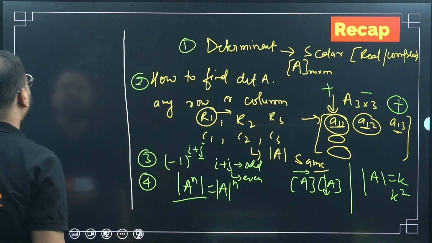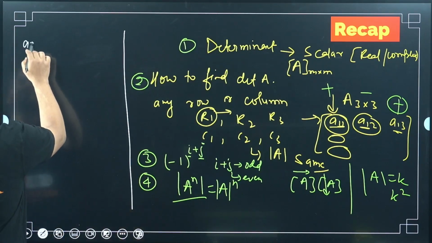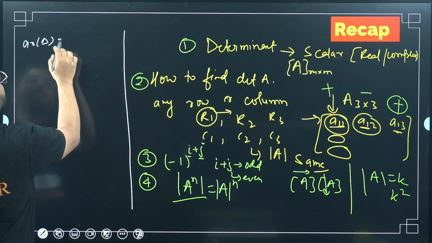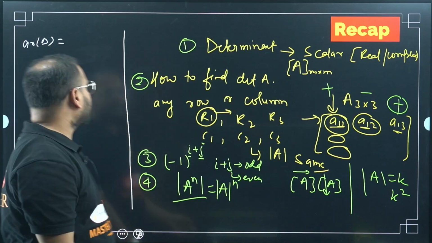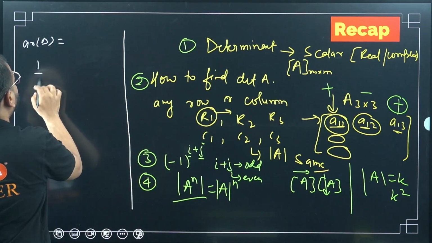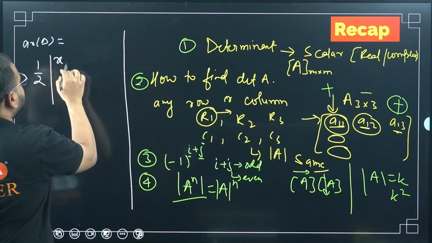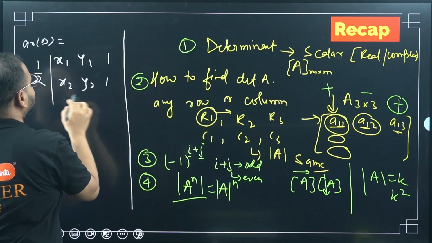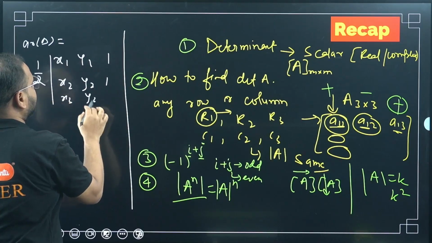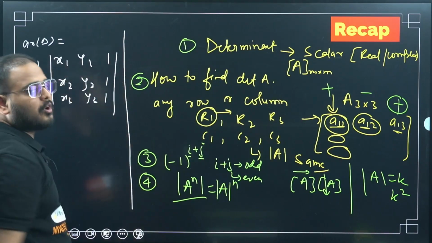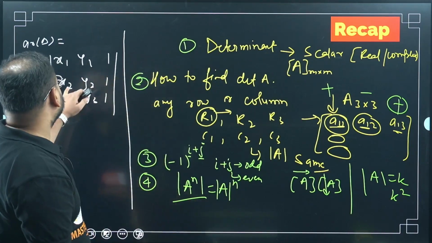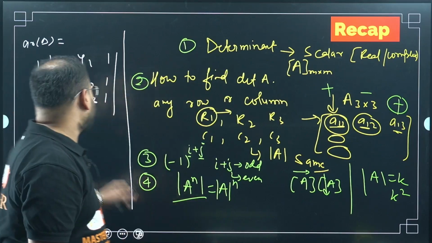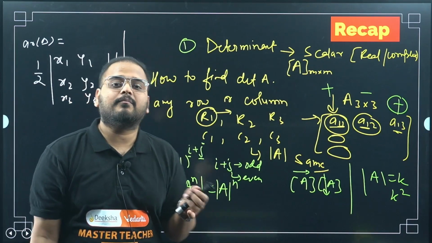Then we also learned about area of triangle, and for that what we wrote, the area of triangle from the coordinate plane was given, and we reached this result: 1 by 2 of the determinant with rows x1 y1 1, x2 y2 1, x3 y3 1. So x1 y1 was the coordinate of the first vertex, x2 y2 was the coordinate of the second vertex, and x3 y3 was the coordinate of my third vertex.